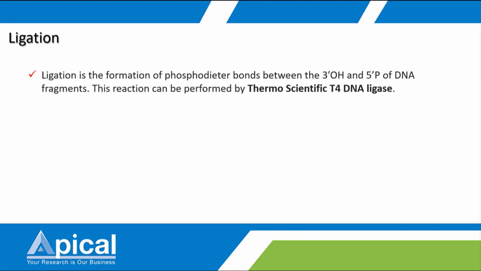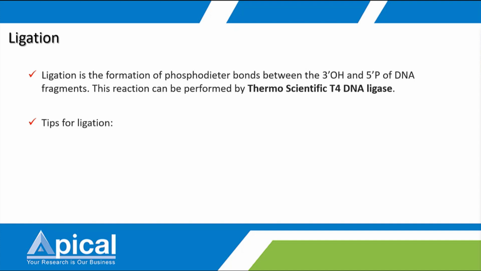Some tips to share with you: to optimize the ligation reaction, you can try different molar ratios of insert to vector. Commonly people will use a 3:1 ratio, which means 3 portions of insert with 1 portion of your vector in the ligation reaction. This is the most commonly used.